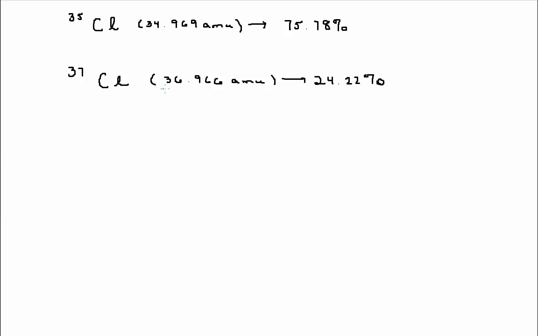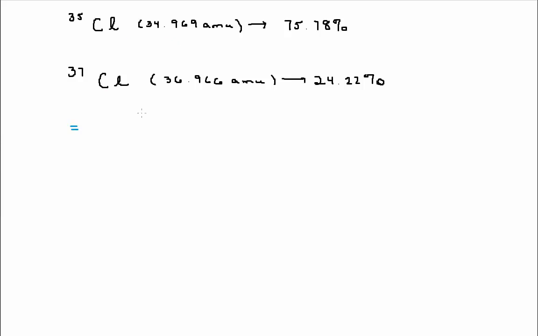And for chlorine 37, its atomic mass is 36.966, and its percent abundance is 24.22. So to find the atomic weight of chlorine, we're going to have to find a weighted average. Now, this is how your grades are computed in ARIES if your teacher has a weighted grade book.